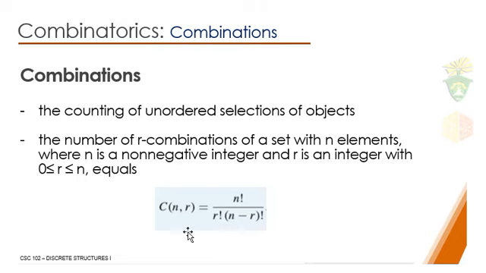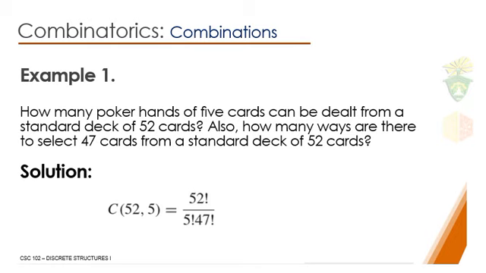We only have to use this formula; there is no variation. This is the generalized combinations topic, so we can move on to the other topics for the finals. So now, let's have an example. How many poker hands of 5 cards can be dealt from a standard deck of 52 cards?